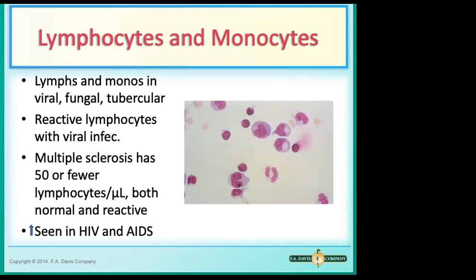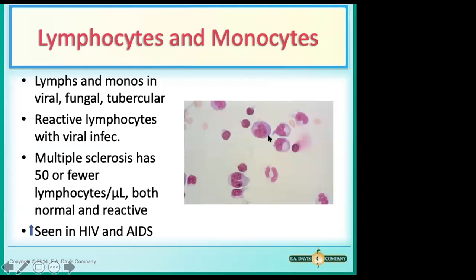In patients that have multiple sclerosis, you'll see 50 or fewer lymphocytes per microliter, both non-reactive and reactive. And you see an increased number of reactive lymphocytes in HIV and AIDS.